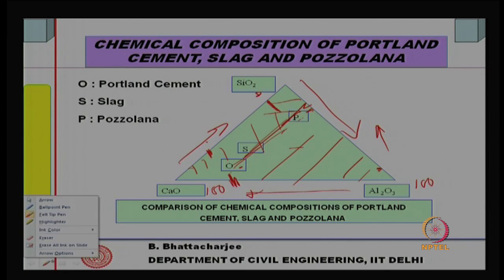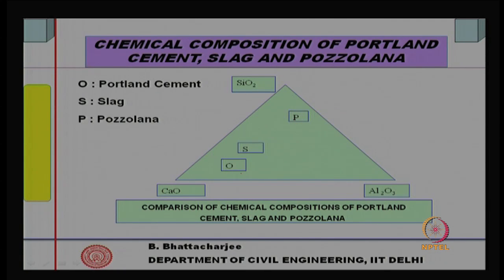So, this one has got this much amount of calcium oxide, because calcium oxide 0 is this line, 100 is here. Calcium oxide is small in pozzolana. Slag has somewhat higher calcium oxide, but less than the OPC.